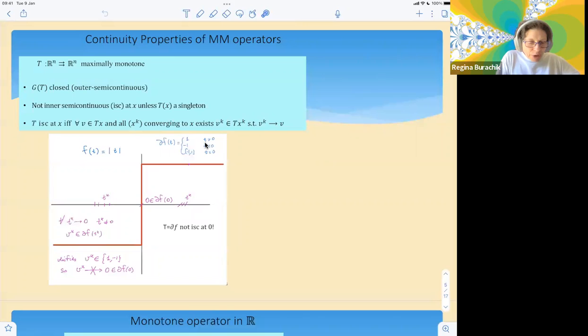is a point. In fact, that corresponds to the concept of continuity called inner semi-continuity.